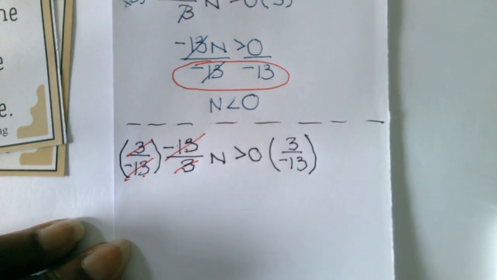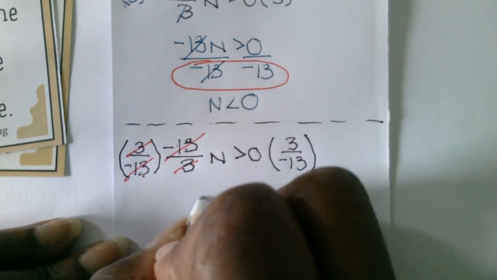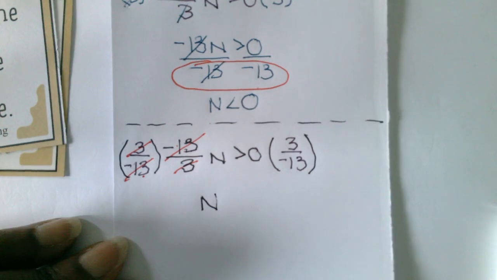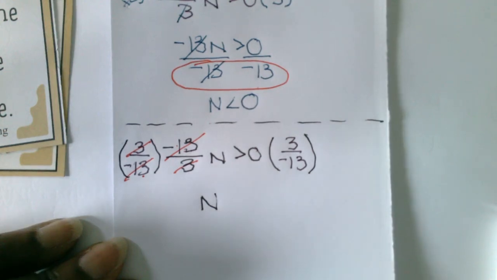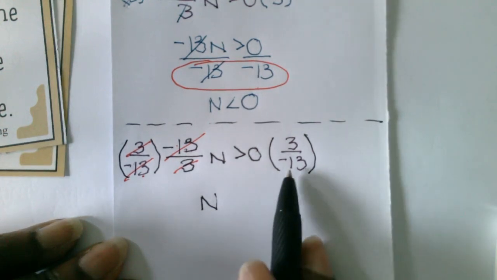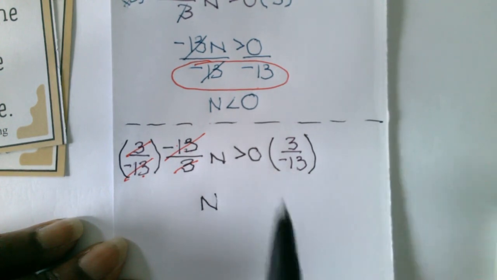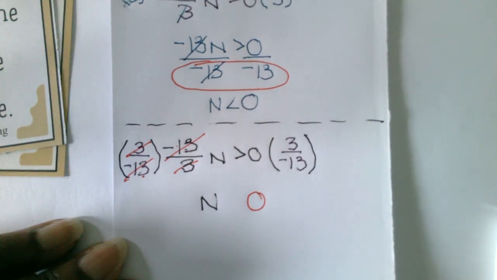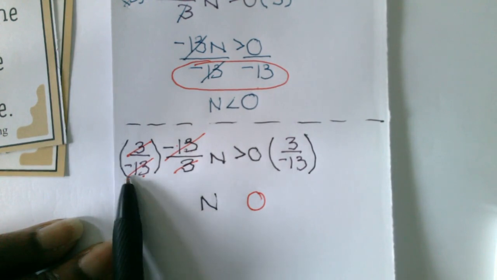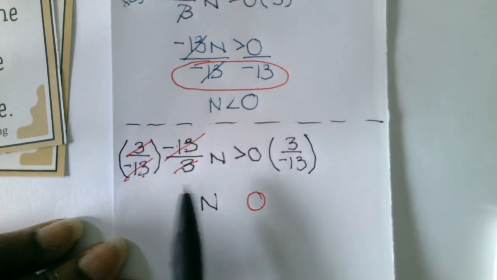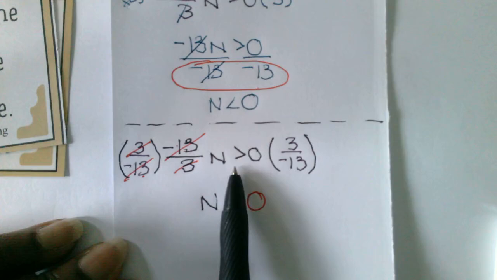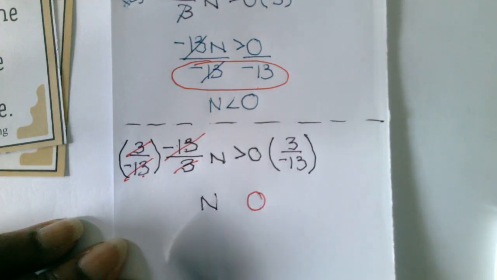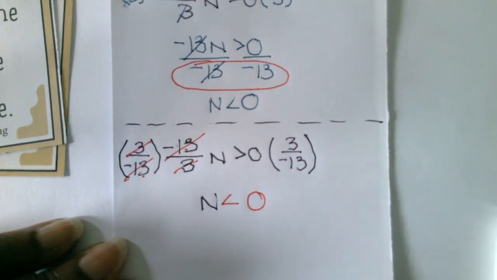So what comes down is your n. Now, like we said, anything times 0 is going to give me 0. And since we multiplied by a negative number, our inequality sign flips.